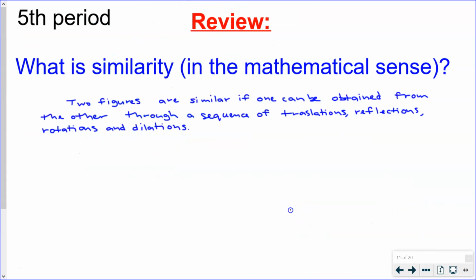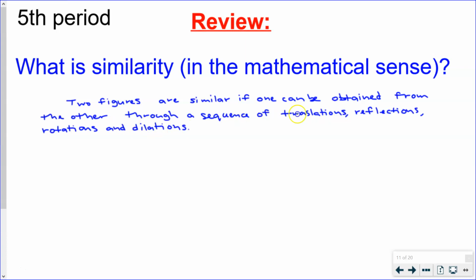So let's come back one more time. Eyes on the screen. Pencils down. Two figures are similar if one can be obtained from the other through translations, reflections, rotations, dilations.